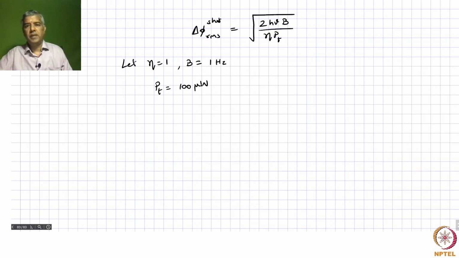Now, of course, we are saying the larger the Pt, the lesser will be your phase noise. So you would be tempted to go to milliwatt, 10 milliwatt, 100 milliwatt, and so on. But mind you, when you go to higher powers, you have higher power density inside your fiber, and even at milliwatt type power levels, you start having nonlinearities.